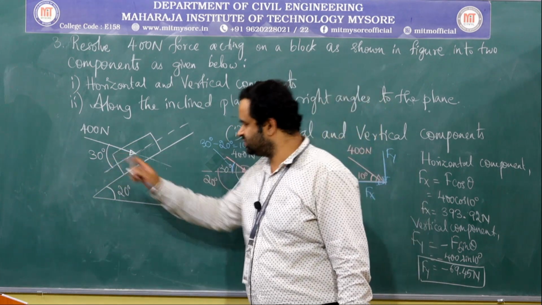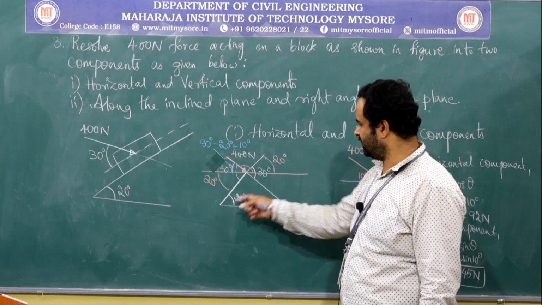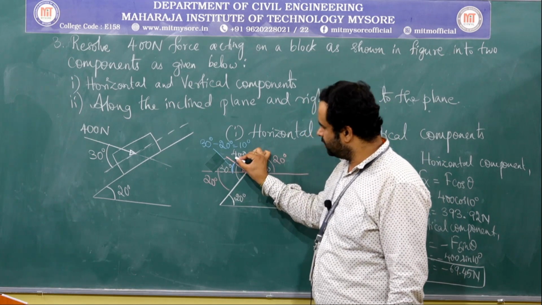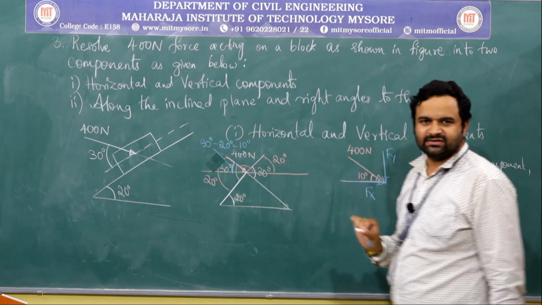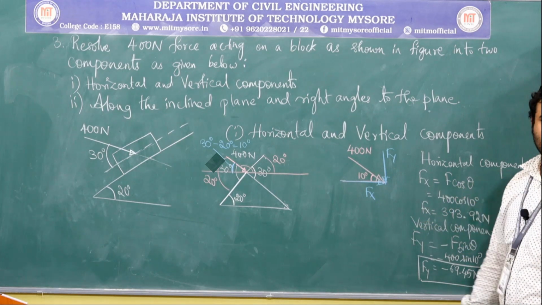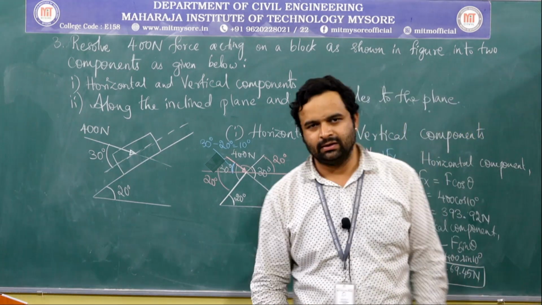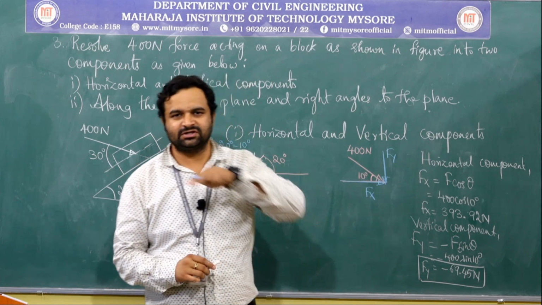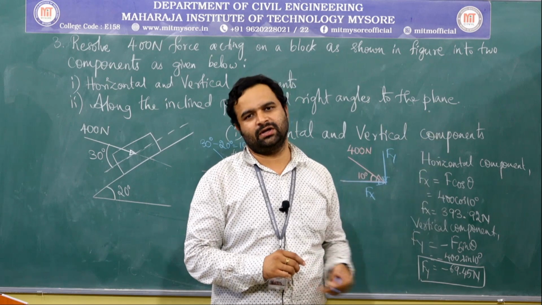So using this, I have drawn the second figure wherein I have written various angles, and I came to know that the angle of the 400 Newton force with respect to its horizontal axis is 10 degrees, and correspondingly I have resolved the forces and found out the values of Fx and Fy. Similarly, we need to resolve the same 400 Newton force with respect to the inclined plane, which is parallel to the inclined plane and perpendicular to the inclined plane.